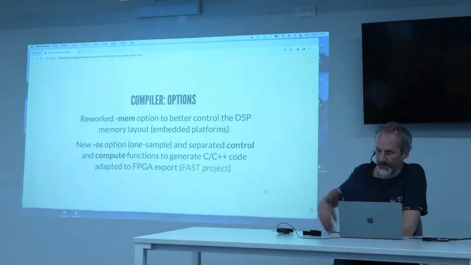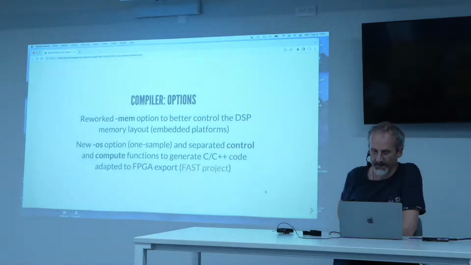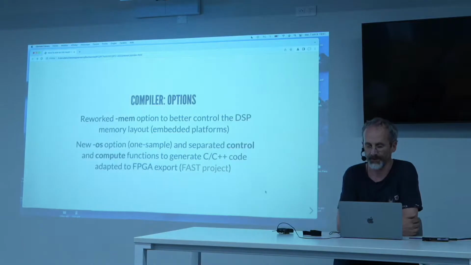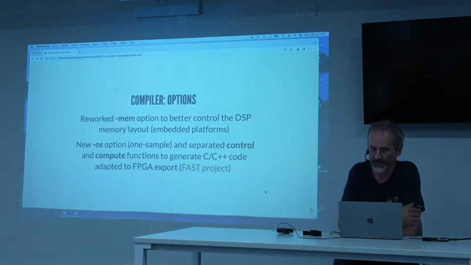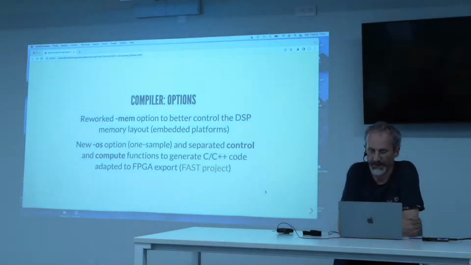Usually, we have a flat memory layout, but in some cases, in particular on embedded platforms, we need to be able to allocate memory zones, memory regions, in several different sections of the memory on the board. And in this case, we need to be able to describe this in the generated code.